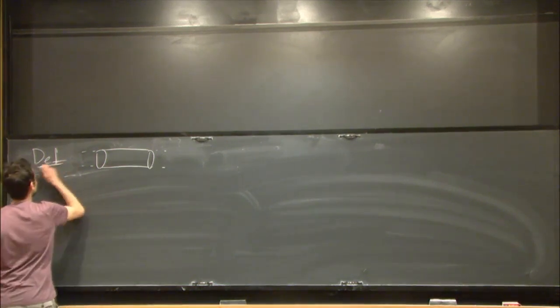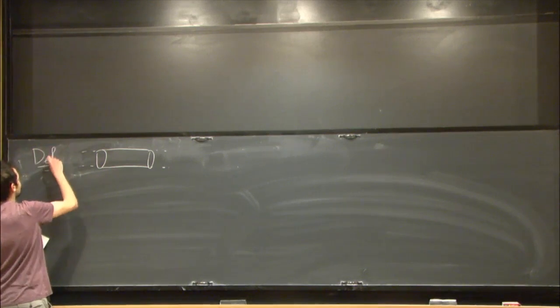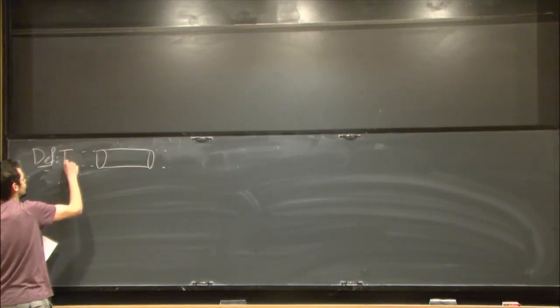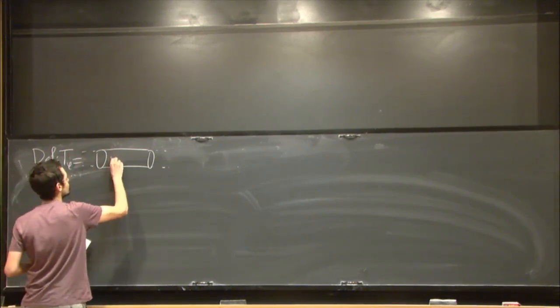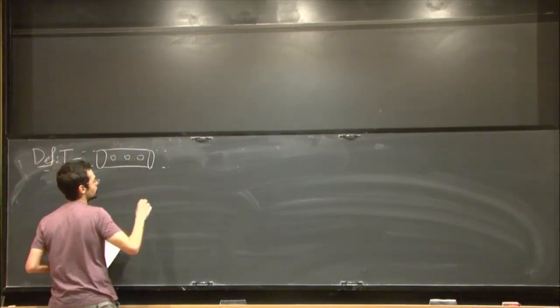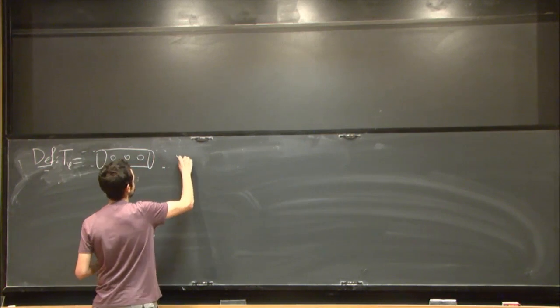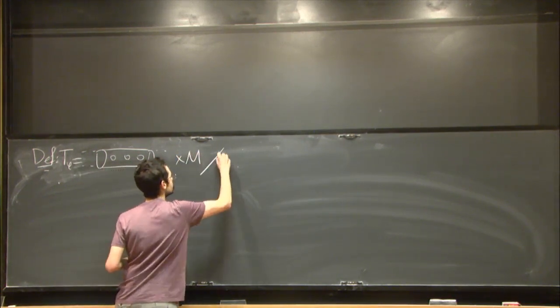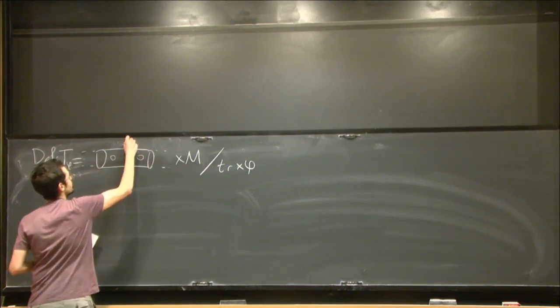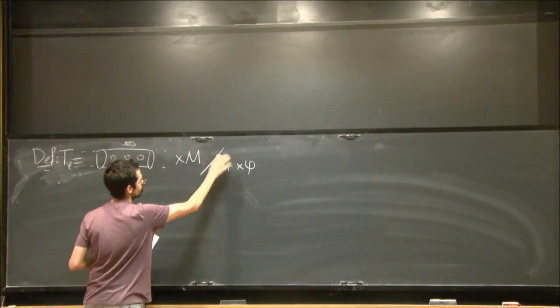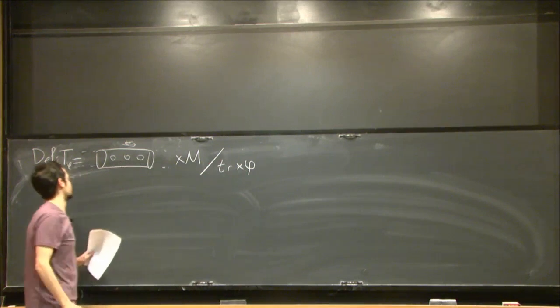You can also obtain it by taking the product of the infinitely many times punctured cylinder with M, and you have this translation automorphism on the cylinder again. You take the quotient by translation cross phi.